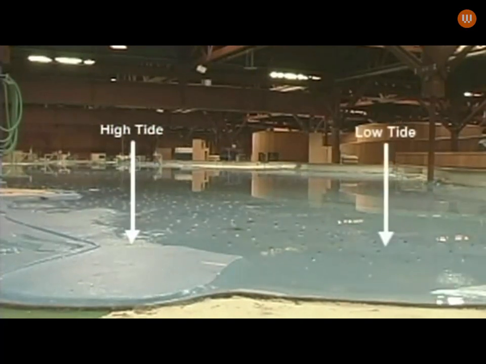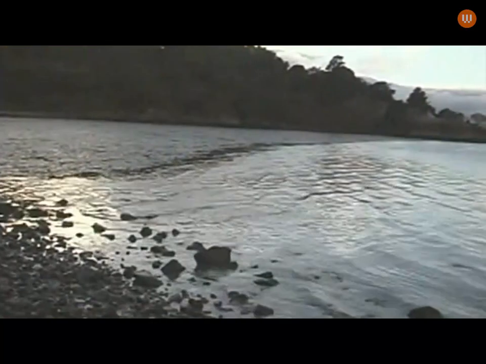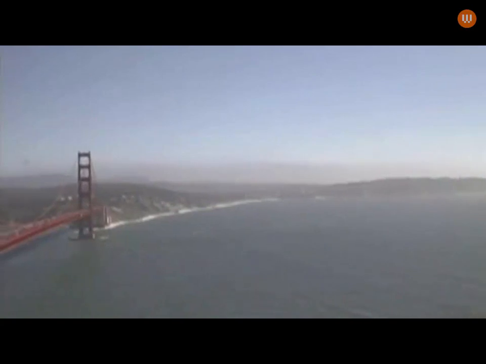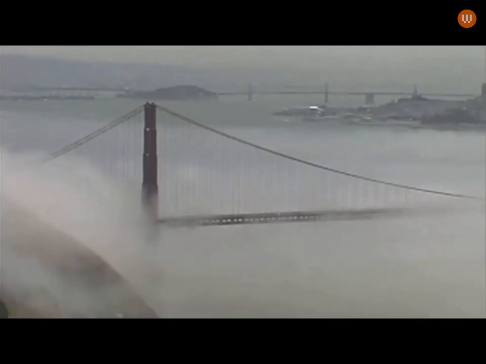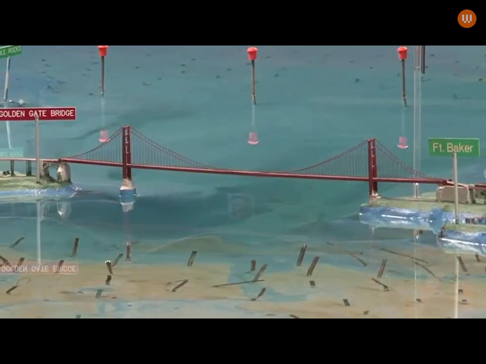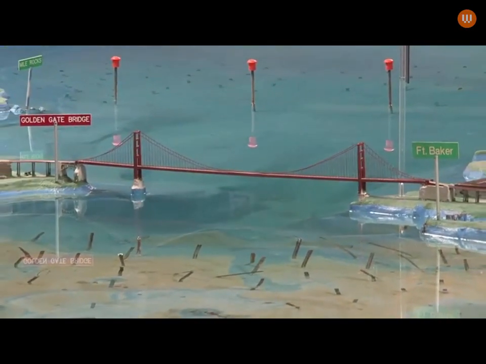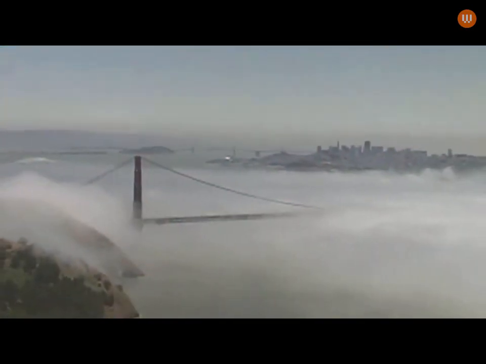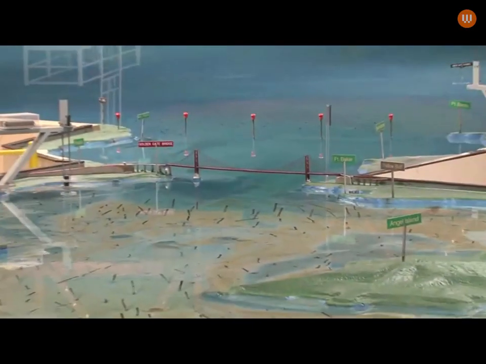tides and currents. There's 3 specific criteria that are important in analyzing how the model is calibrated and how it operates. The horizontal scale of the model is 1,000 to 1. So for every 1,000 feet underneath the Golden Gate Bridge, 1 foot in the model. The vertical scale is 100 to 1. So for every 100 feet underneath the Golden Gate Bridge, 1 foot down in the model.